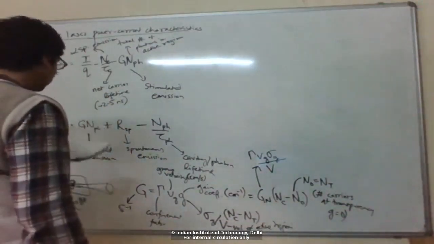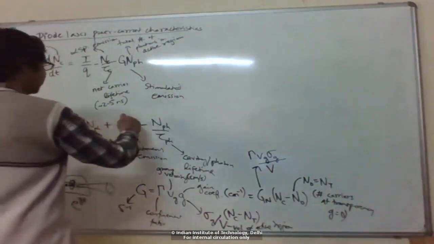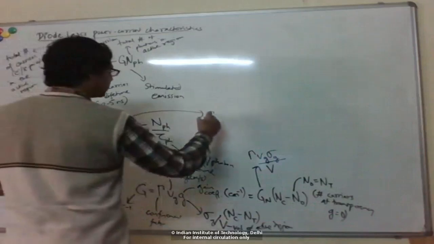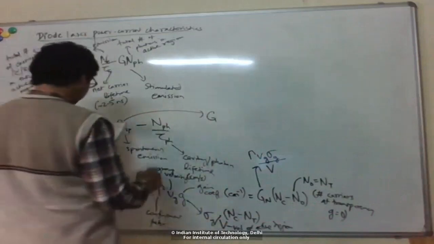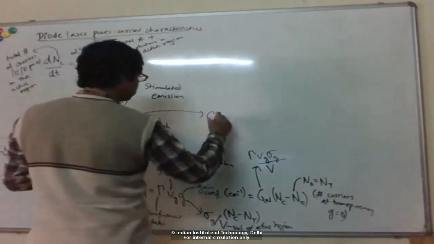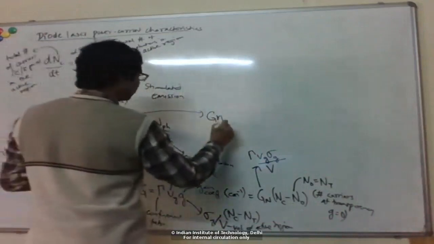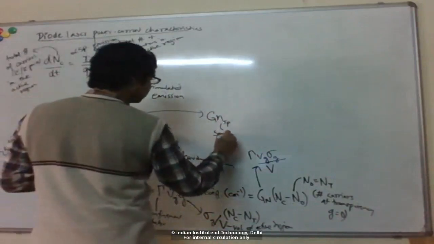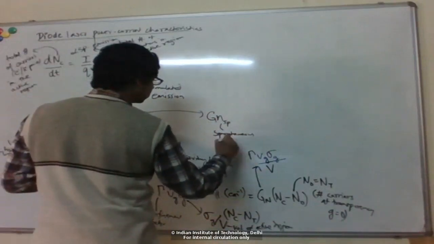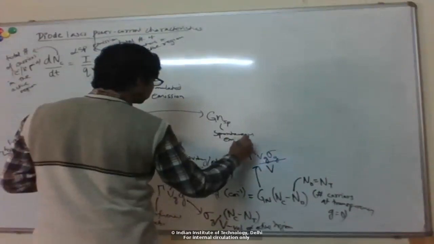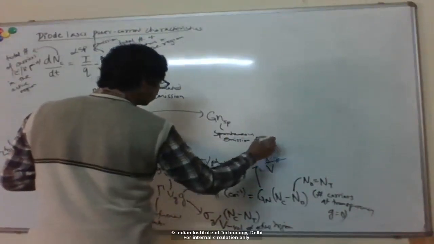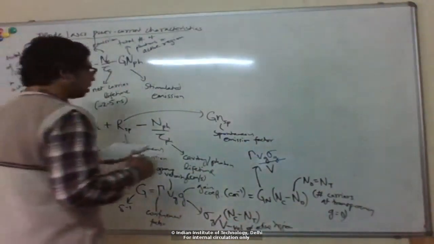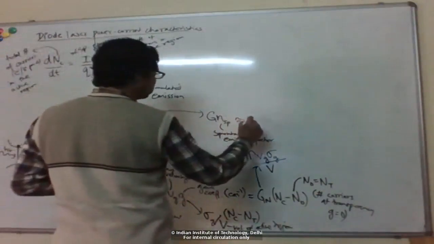So the spontaneous emission rate here, RSP, we can write as this gain factor G again, multiplied by something which is known as the spontaneous emission factor. This NSP is typically around 2.